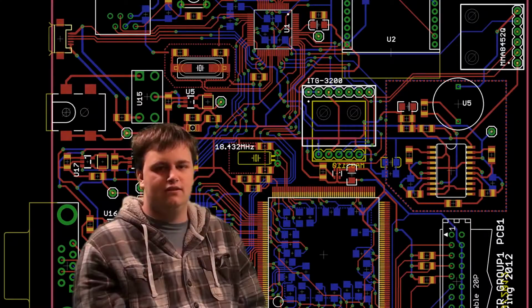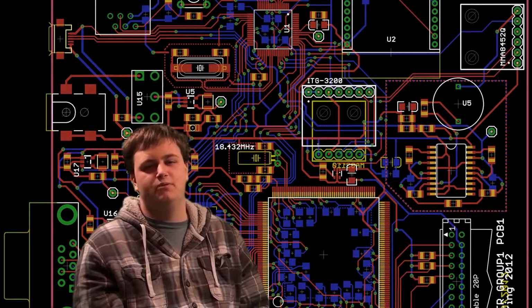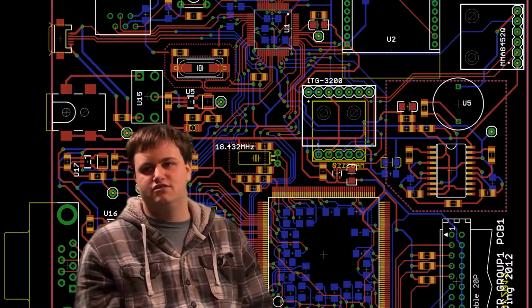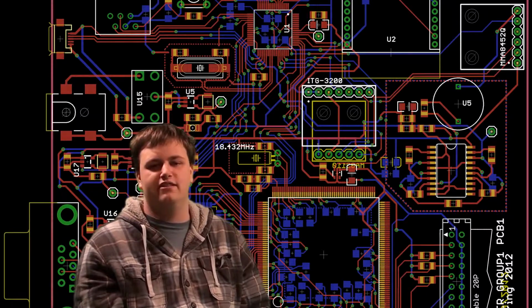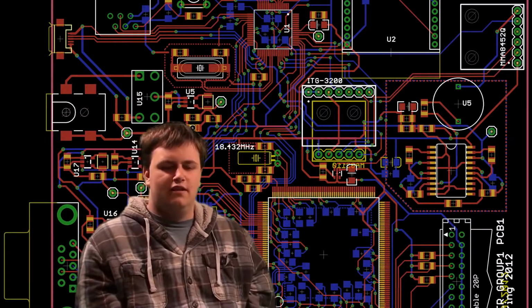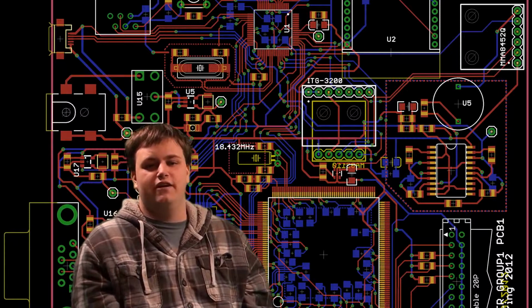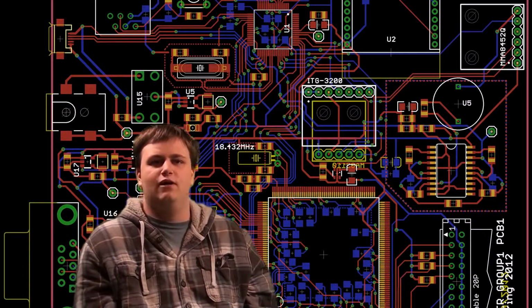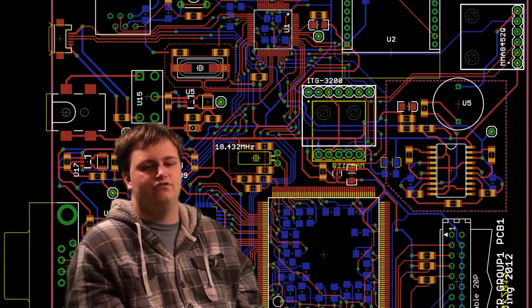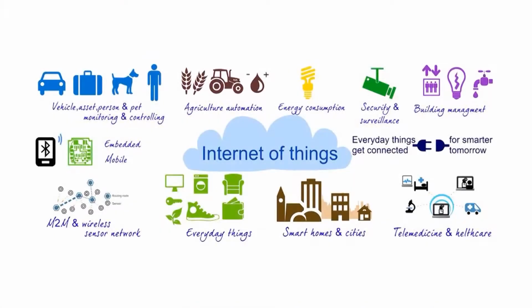Thank you. The Internet of Things is a principle by which everyday objects, such as fridges, light bulbs, and other household electronics, are connected to the Internet. The Internet of Things is already starting to happen on a small scale. However, the grander idea is to have households in which every piece of electronic equipment is connected and communicates intelligently with each other.